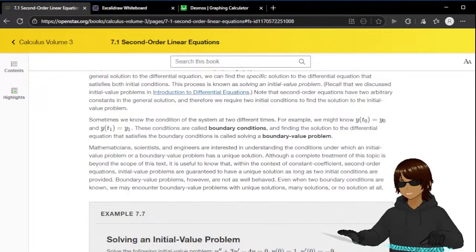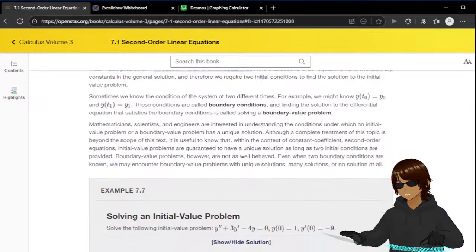Therefore, we require two initial conditions. Sometimes we know the condition of a system at two different times. For example, we might know y of t naught is y naught and y of t1 is y1. These conditions are called boundary conditions, and finding the solution that satisfies them is called solving a boundary value problem.